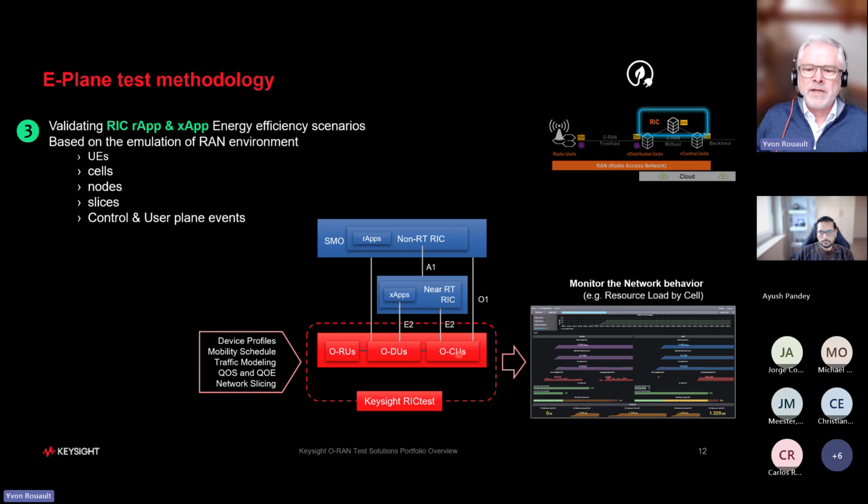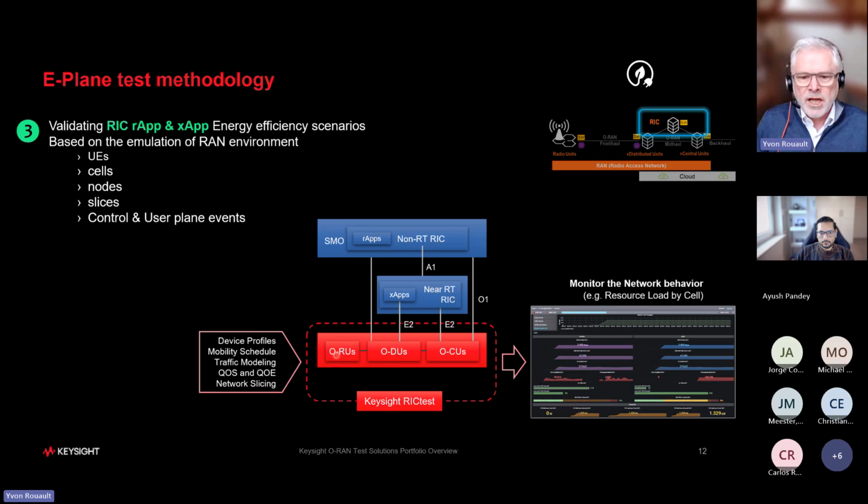Basically, we simulate a network at scale, okay? And we simulate the behavior of that network over time, and we will look at how the RIC is behaving in this kind of situation. And as well, because we are simulating with different models real elements like RUs, for example, we know how much a particular RU is consuming in terms of energy.